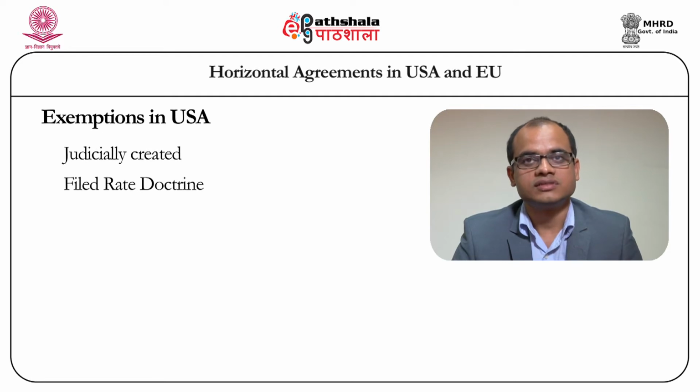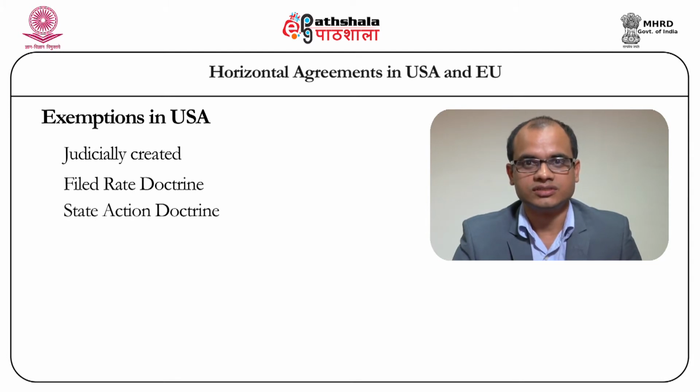If a business is regulated and files its prices for approval by a regulatory agency, then that business is eligible for immunity from the antitrust laws in the US, specifically the Sherman Act. Then there is the state action doctrine, a judicially created exemption. If the action takes place under the state regulator's active supervision, or under a law that clearly provides for the approval of the restraint, then such an action is exempted.